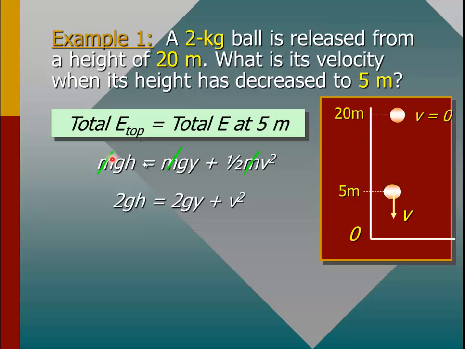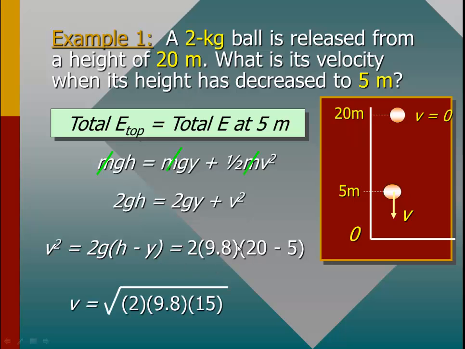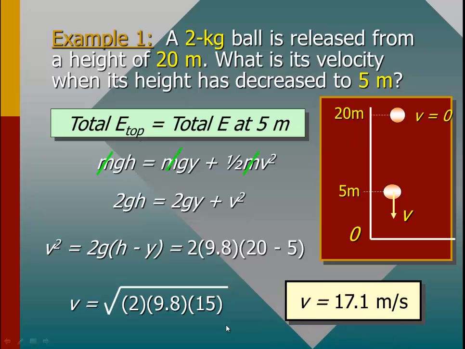So what we did is we multiply by 2 all the way across, and this becomes v squared. We can take this part and take it to the left, and this is where we get h minus y. We can then calculate this out, which is 20 minus 5 is 15. And so the velocity at 5 meters above 0 is going to be 17.1 meters per second.